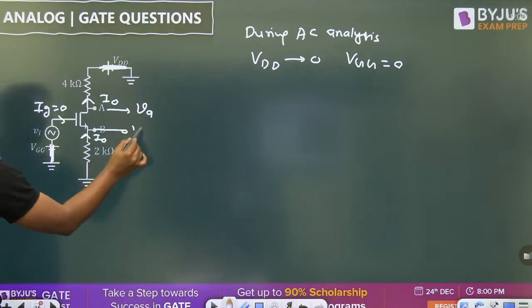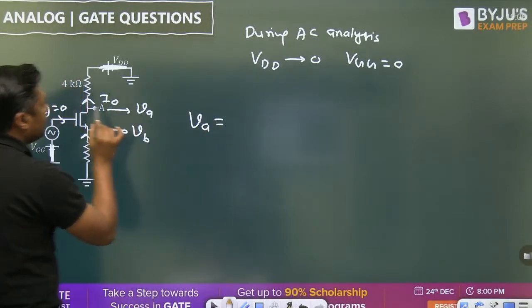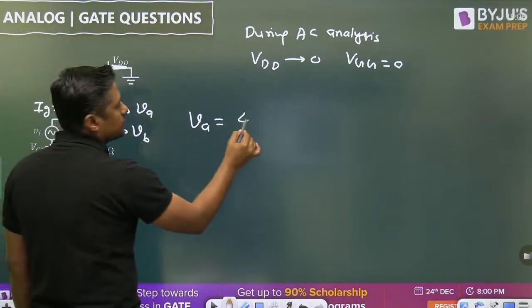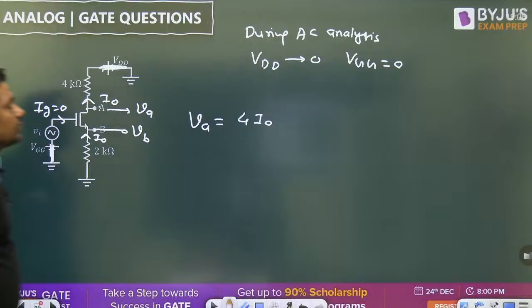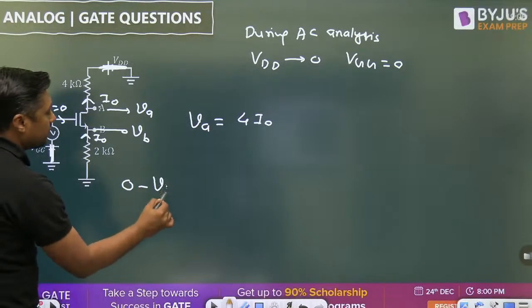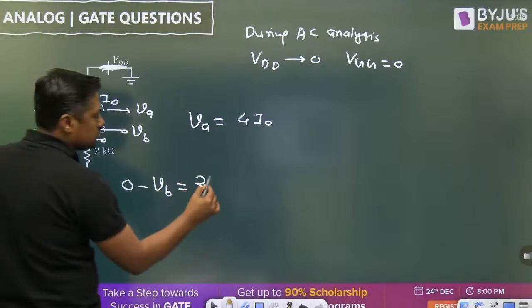Now, this is the voltage VB. We can write VA is equal to 4 into I0, from this point to this point. Now, what is VB? From 0 to this point, we can write 0 minus VB is equal to 2 into I0.